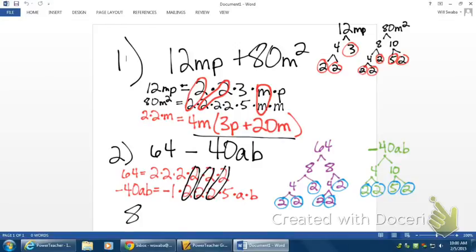Now my last thing I need to do is see what I have left. For the 64, what do I have left? 2 times 2 times 2. For the negative 40AB, I have a negative 1, a 5, an A, and a B. So that's all combined going to be negative 5AB. And you're done.